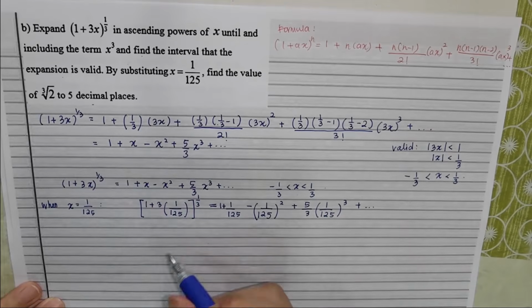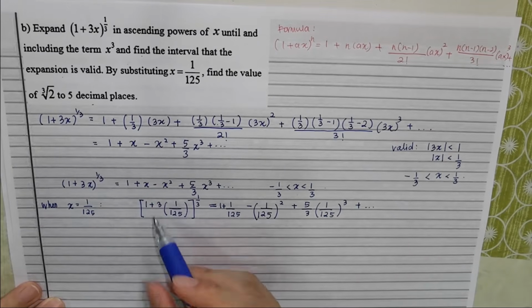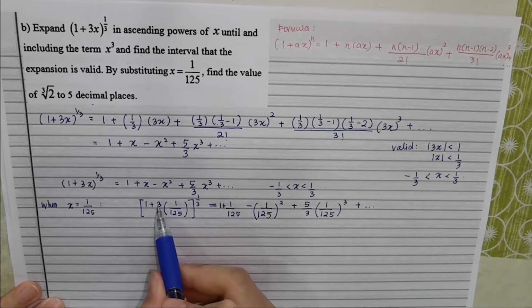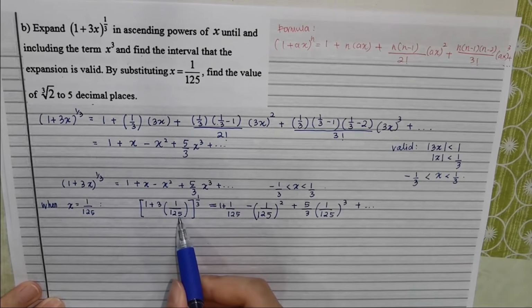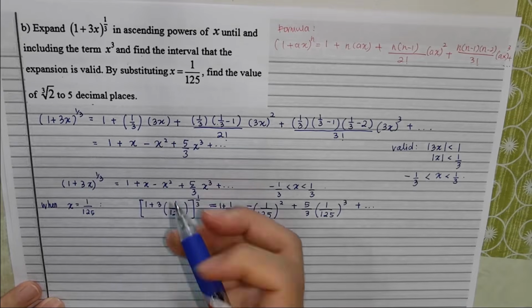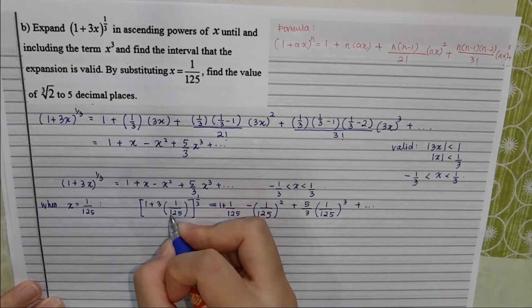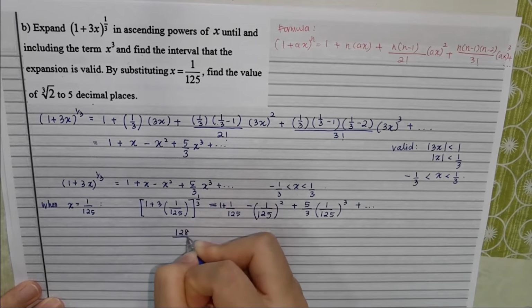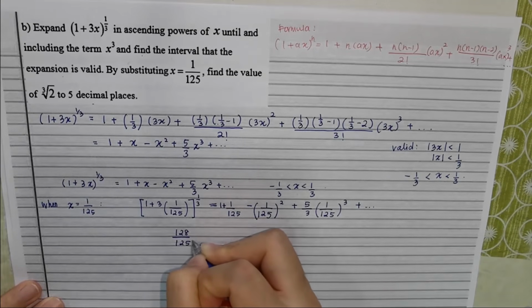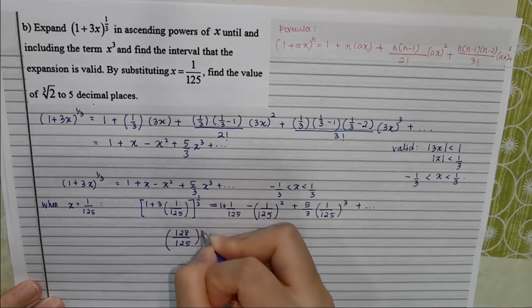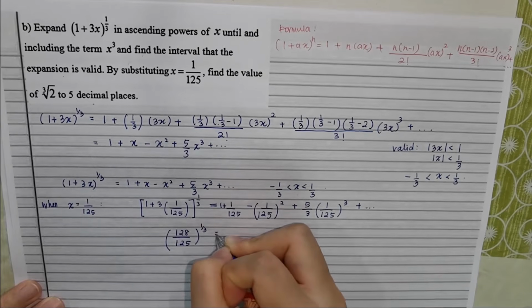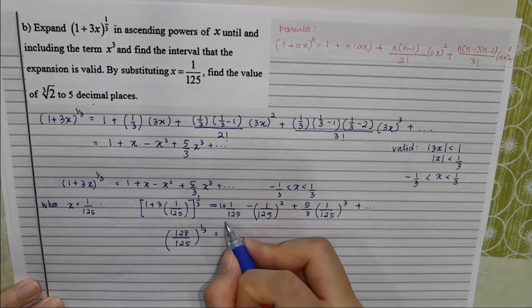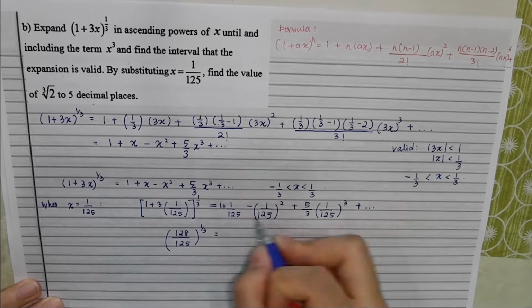And then we simplify just inside the bracket: 1 plus 3/125, so 128 over 125. Remember, only inside the bracket; the exponent 1/3 remains outside. And then you can use a calculator on the right hand side.